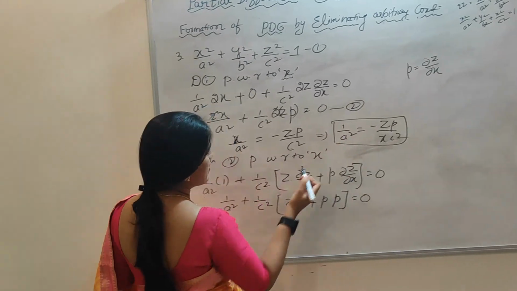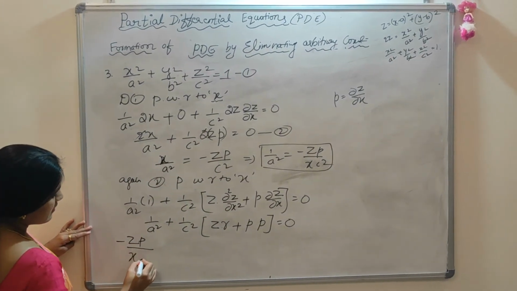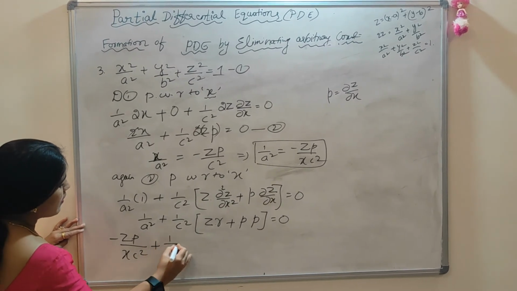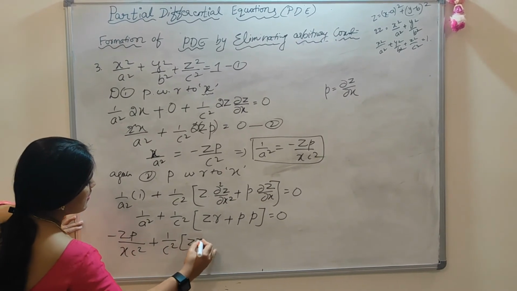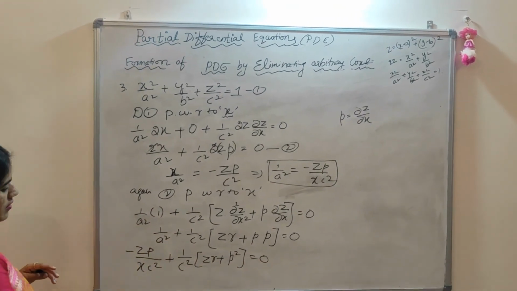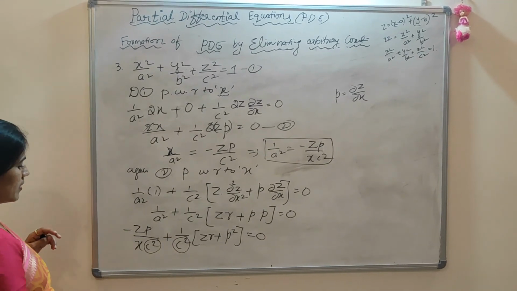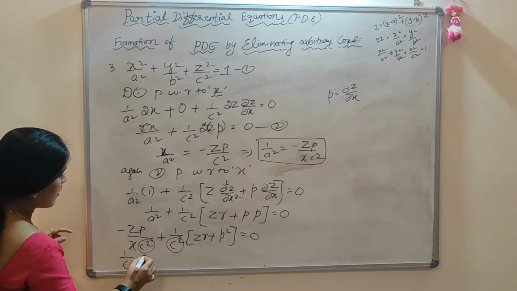Now I will substitute instead of 1 by a square: minus zp by x c square plus 1 by c square of zr plus p square equal to 0. Here both terms have 1 by c square common, so I will take 1 by c square outside.